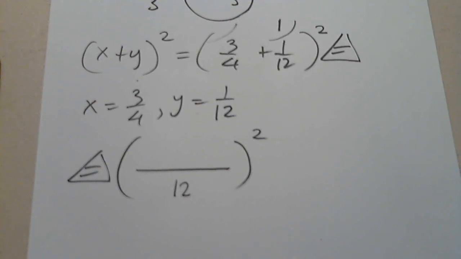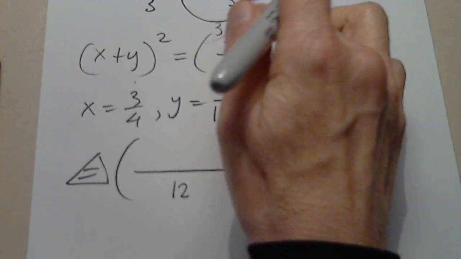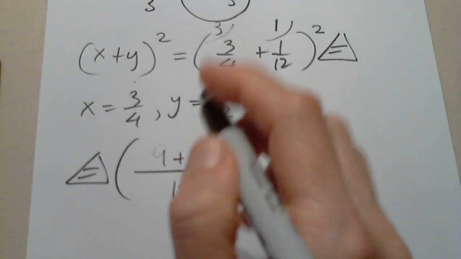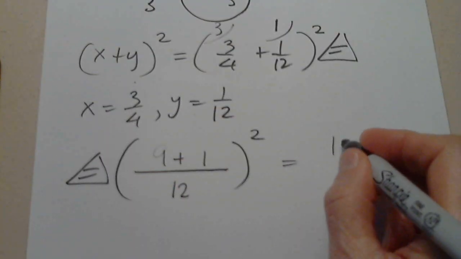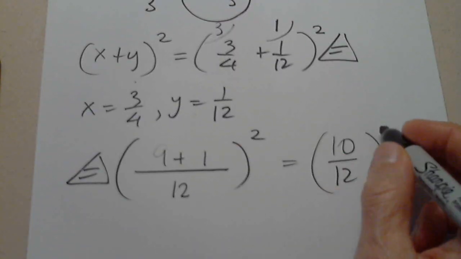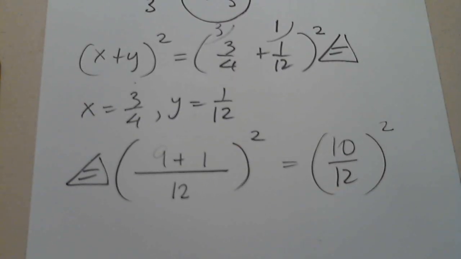Very good. So then we have 3 times 3 is 9, plus 1 is 10. 10 over 12 squared. Do not square before you simplify inside parentheses. Can we?